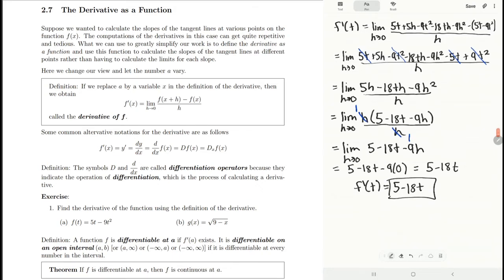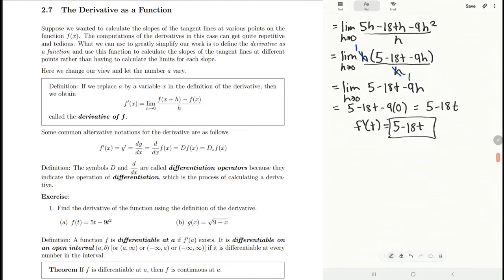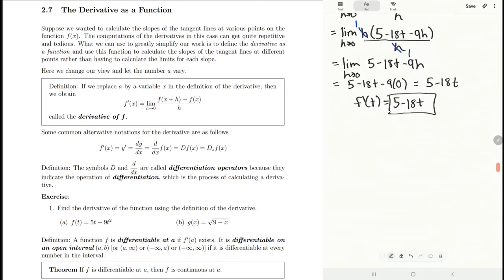So now that we have defined our derivative as a function, we can now use this to calculate the derivative of the function at a point quite more easily than using our limit calculations. So for example, if I want the slope of the tangent line at 0, then if we substitute 0 into our derivative function, we get 5 minus 18 times 0, which is 5.